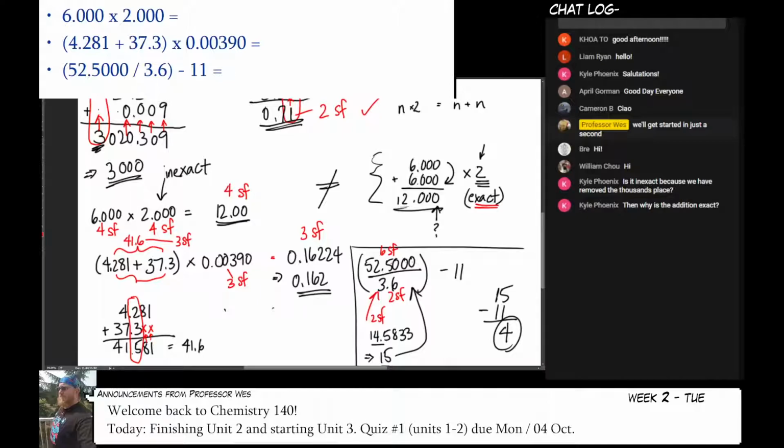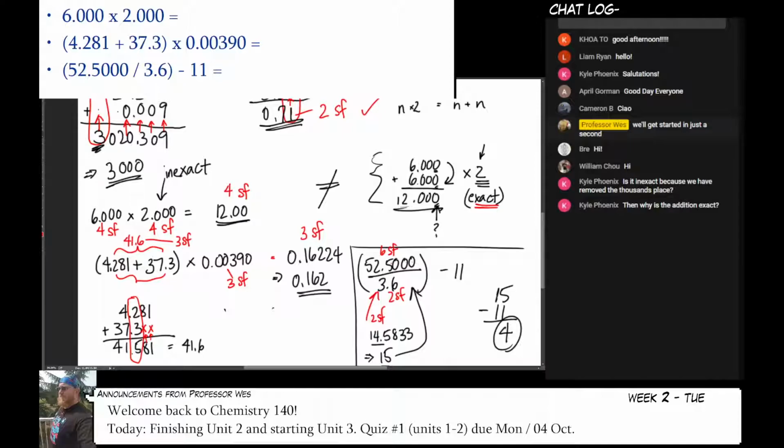And since this number goes to the thousands place, if I'm adding it to itself, then I would go to the thousands place. So you get an extra bit of information from doing multiplication with exact numbers, because multiplying by an exact number is the same as addition.